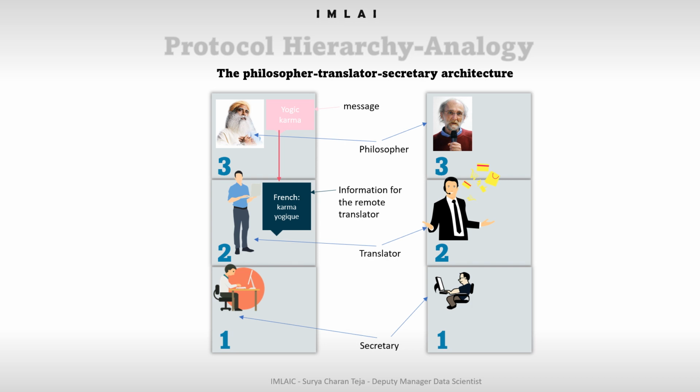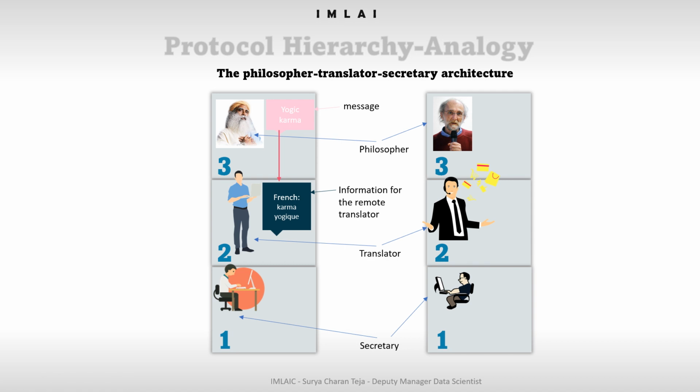It is the choice of language, and it is up to layer 2 to decide the protocol. So through the 2 and 3 interface, the English message yogic karma has come to layer 2, and layer 2 has a protocol. The protocol is to translate this English into a common language, that is French. That is the protocol. So this has been executed here.